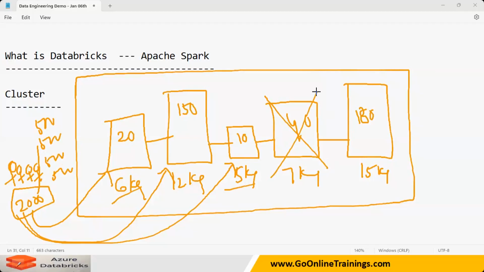So a cluster is going to have a lot of individual machines. How is big data going to store the data? Big data is not going to store the data in a single machine. It's going to create a cluster. If you want to store a large amount of data, it is not going to be stored in a single machine.